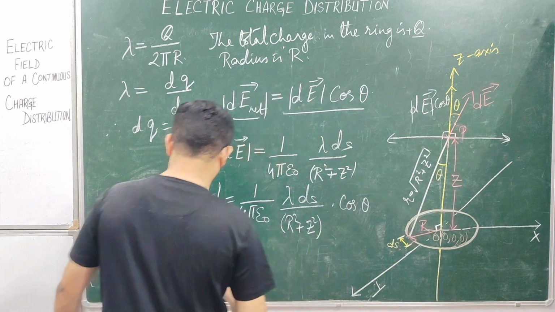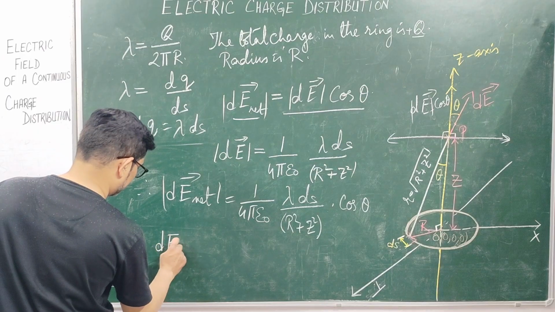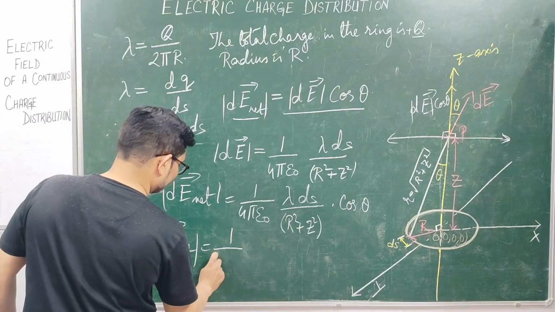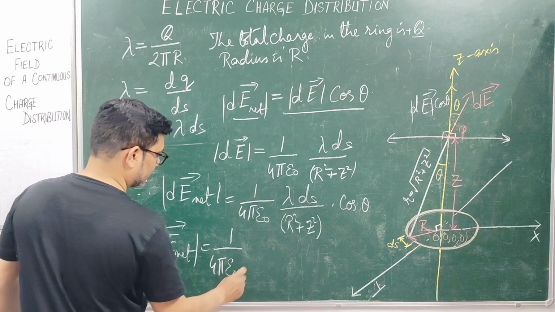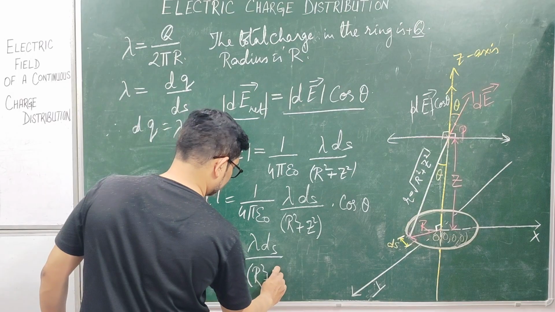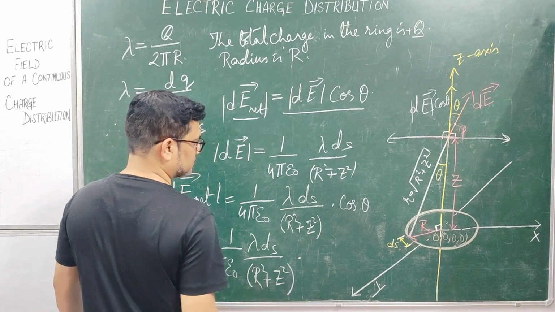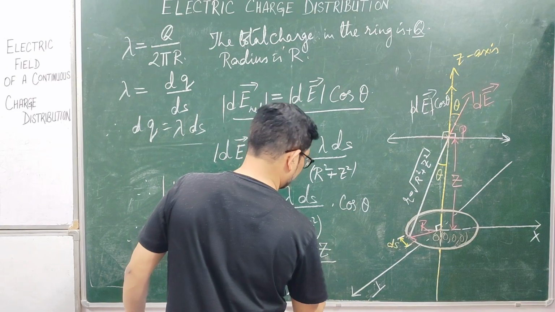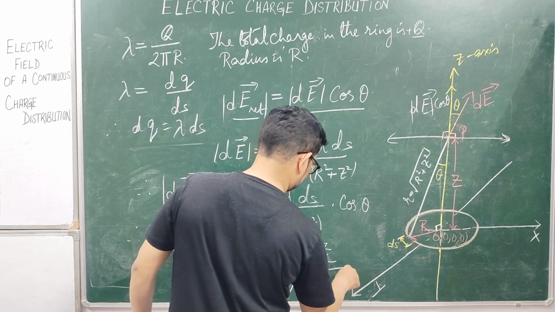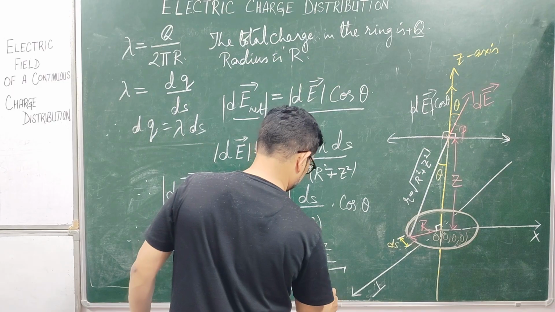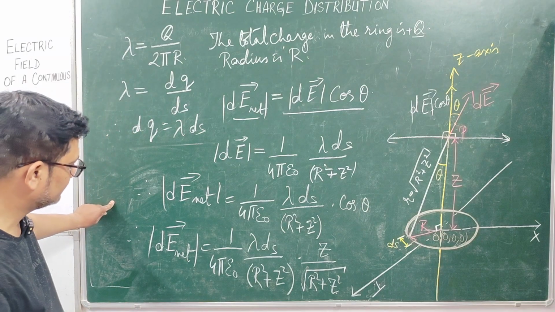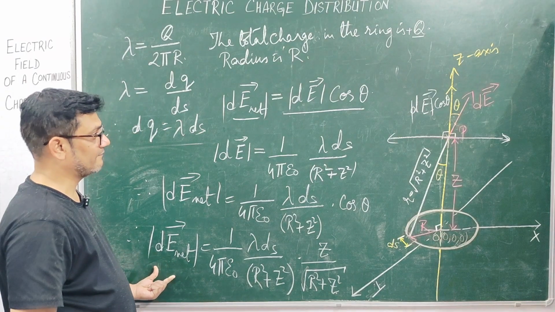So we get dE net equal to 1 over 4 pi epsilon naught lambda ds over r squared plus z squared times cos theta, which is z divided by the hypotenuse value, which is under root r squared plus z squared. So this is what we get as the magnitude of the net electric field.